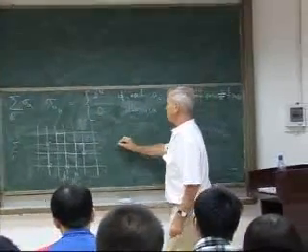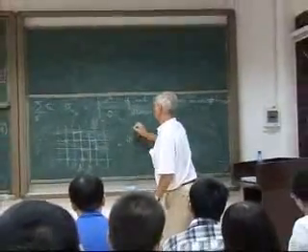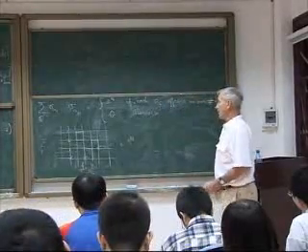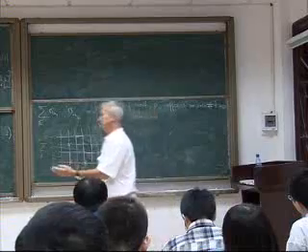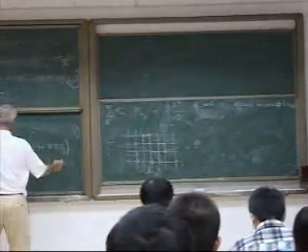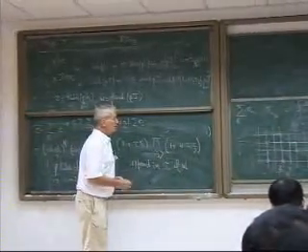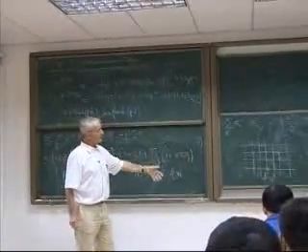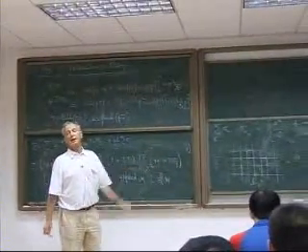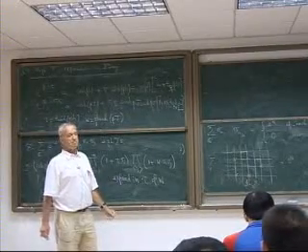It's 2 to the n. So the answer of this is 2 to the n multiplied by powers of tau and W, which correspond to drawings which have these characteristics. Okay?